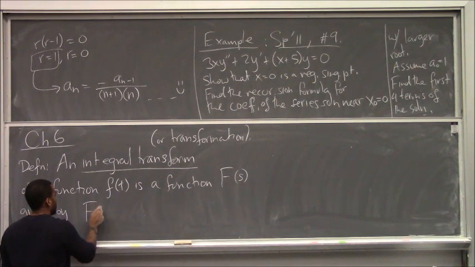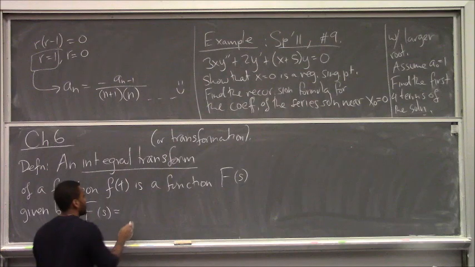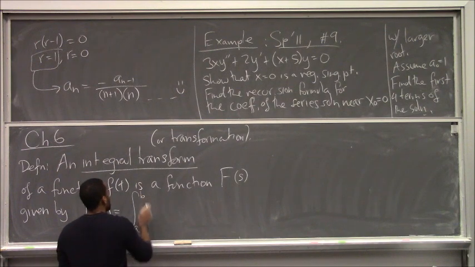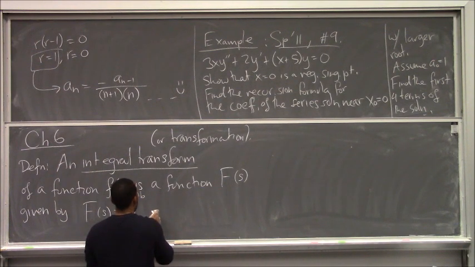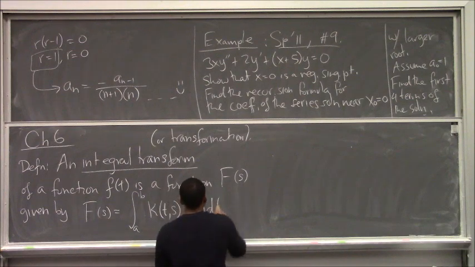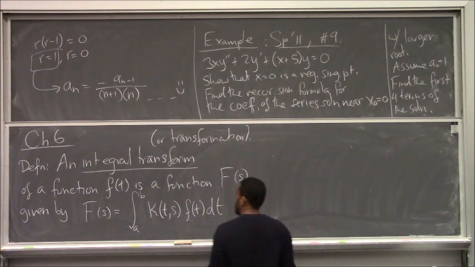Given by big F of s equals the integral from a to b of some function k(t, s) times our f of t dt.